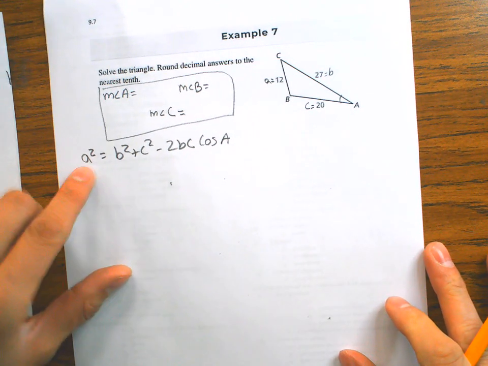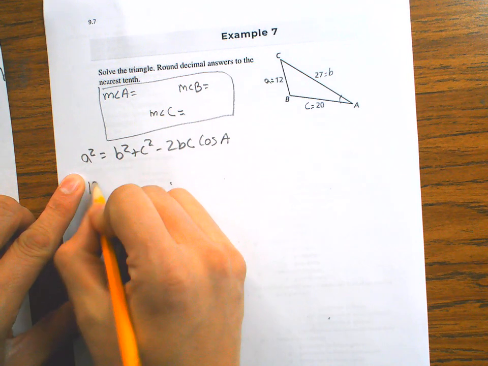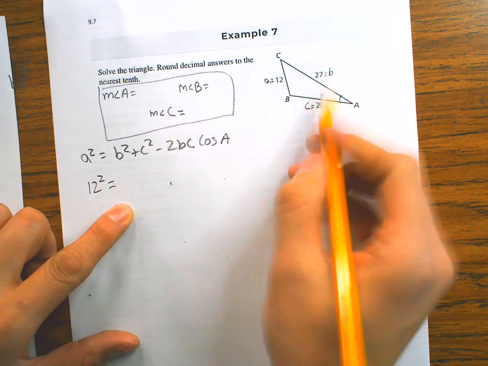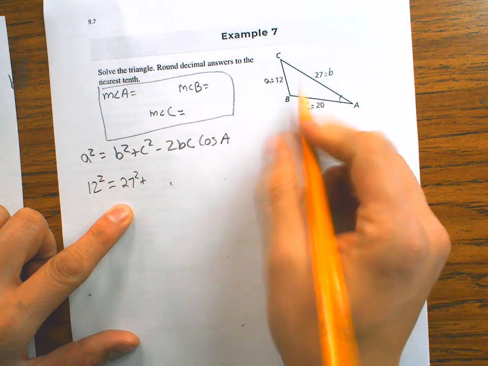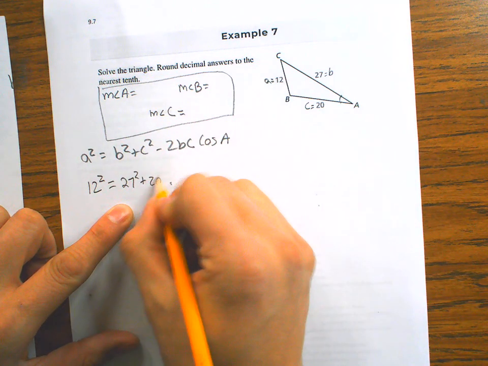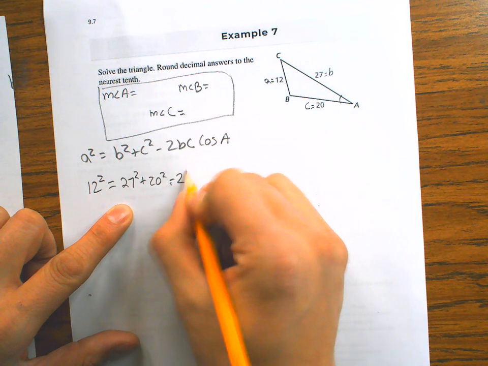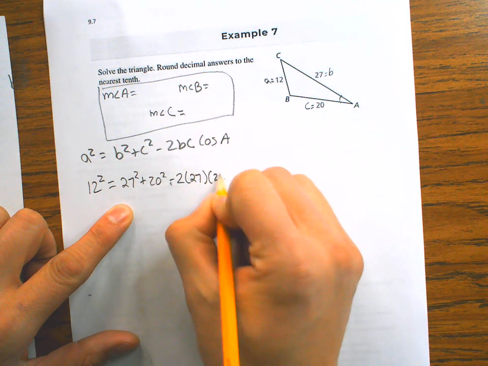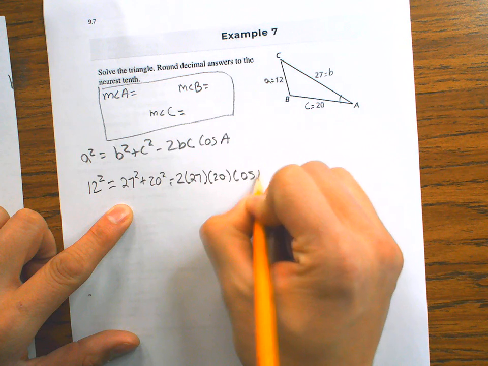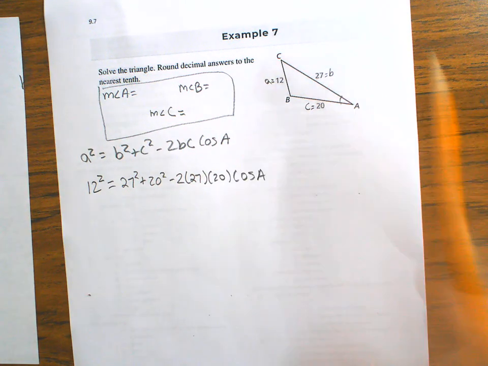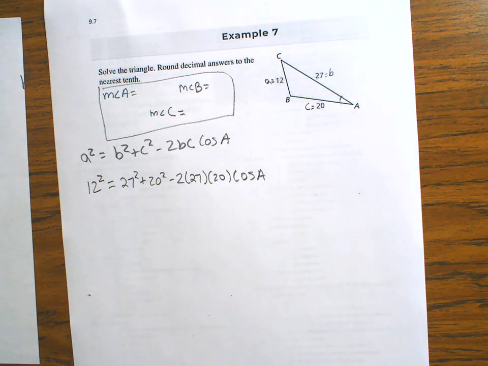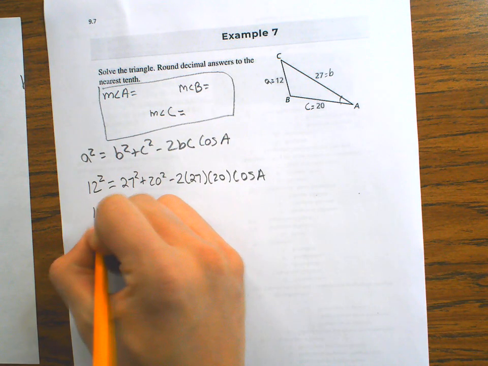All right, so A is 12, B is 27, C is 20. Okay. Let's go ahead and simplify this big mess. 144.